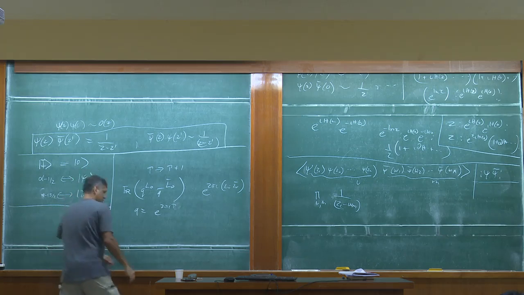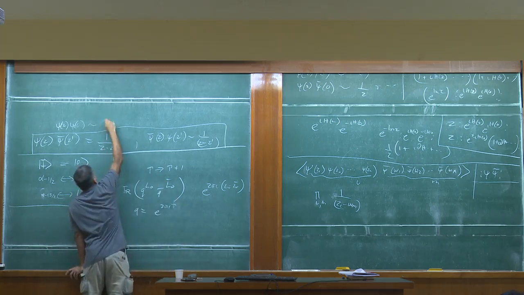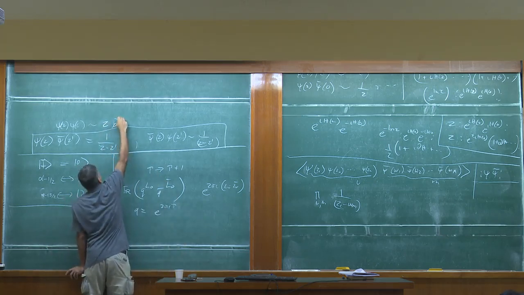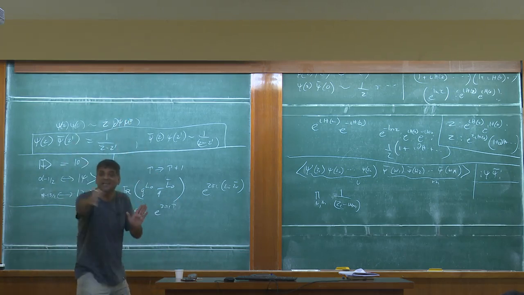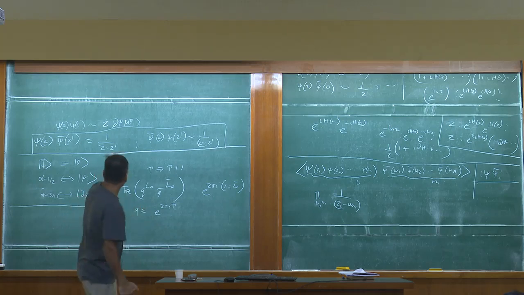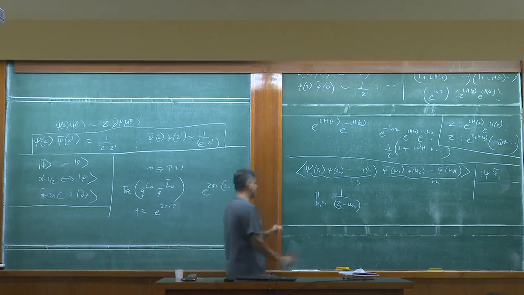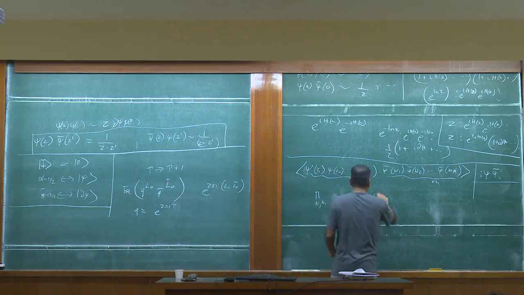In fact, we can do better. What is this? z del psi is psi of 0. Since there's no singularity, you can just Taylor expand, plus blah, blah, blah. Right? Okay. So then we see that there must also be a factor, the product over i less than j of z_i minus z_j.